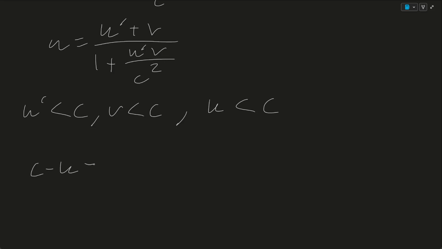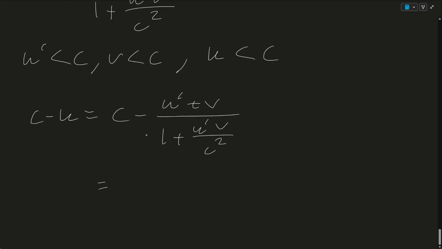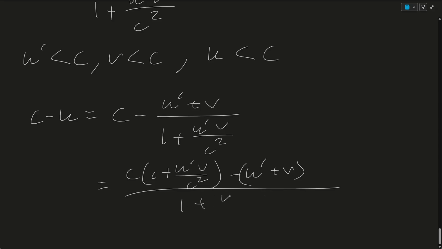So c minus u is c minus u dash plus v over 1 plus u dash v over c squared, and then we can pull the c in, which is going to be c, 1 plus u dash v over c squared, no, I'm going to minus it, u dash plus v. What is going on? Why do I keep writing 4s? Oh, u dash v over c squared.